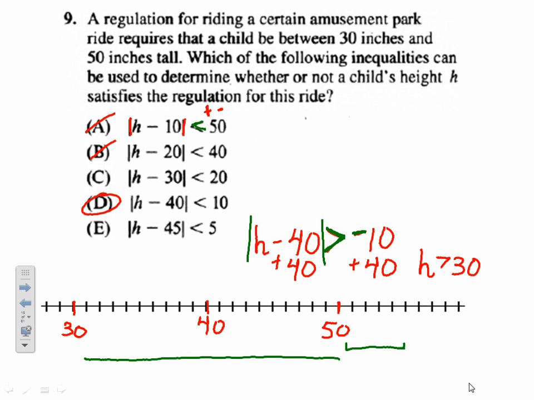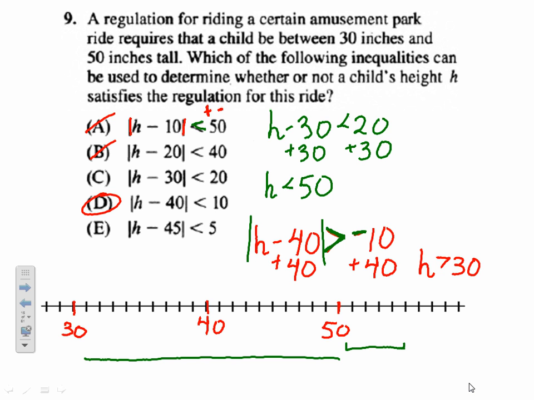And let's just carry this out with C as well. H minus 30 is less than 20. So this part of it is fine. H is less than 50, but the other part of it won't work. So let's carry out that part of it.